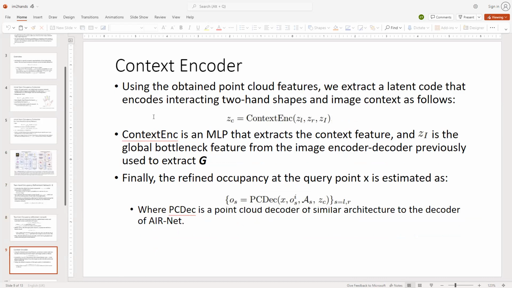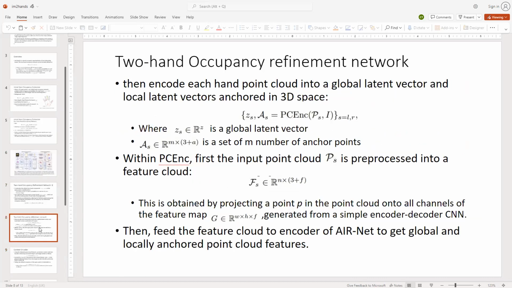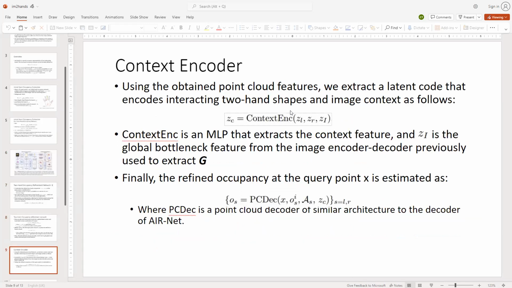Using these features that we obtained, we extract a latent code that encodes interacting two-hand shapes and image context as follows. The context encoder takes as input the global latent vectors Z for both the left and right hands, and then there is a latent vector for the image I as well.